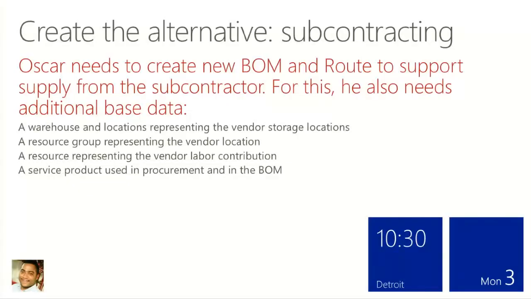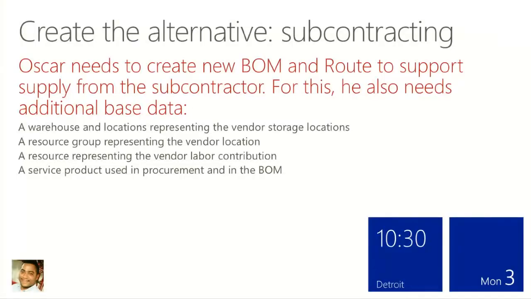If you want to implement subcontracting for production orders in AX, you would usually create a warehouse and a location that you assign to the vendor, where you model the inventory of the vendor that you have moved to the vendor. You also need a resource group representing the vendor location, and a resource representing the vendor labor contribution.